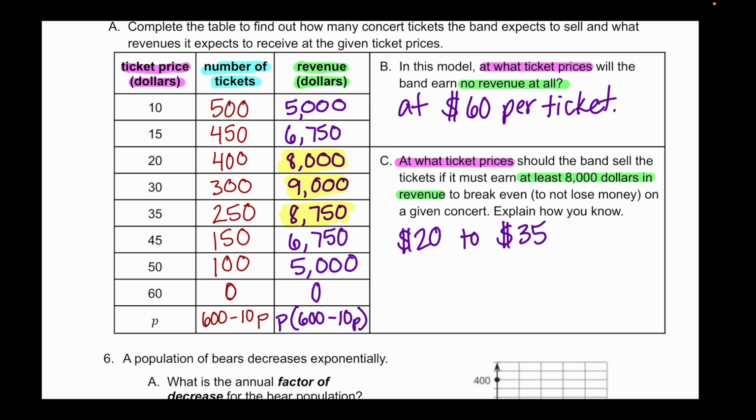Now, if we actually calculated out $40, I believe $40 would cause us to break even at 8,000, but we want to say just based on our table. Okay.